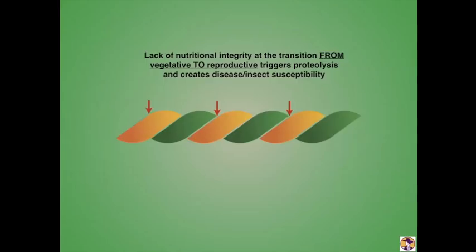And the entire tree switches from vegetative dominance to reproductive dominance when we have all this pollination happening. It is at that moment, when this switch happens from vegetative growth to reproductive growth, that we often have the greatest degree of disease and insect susceptibility.